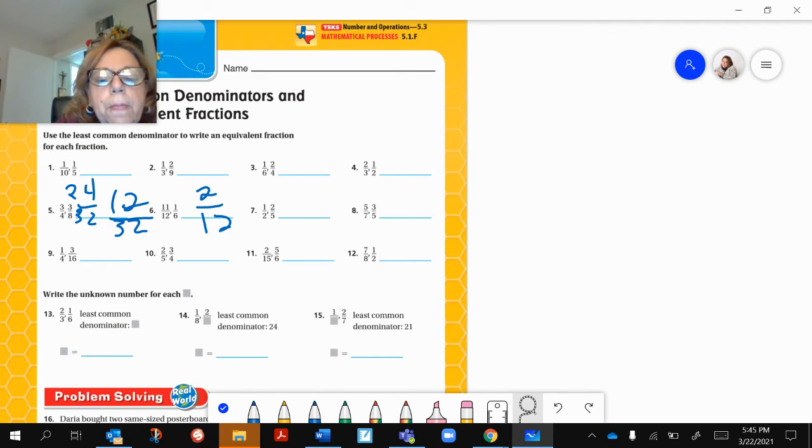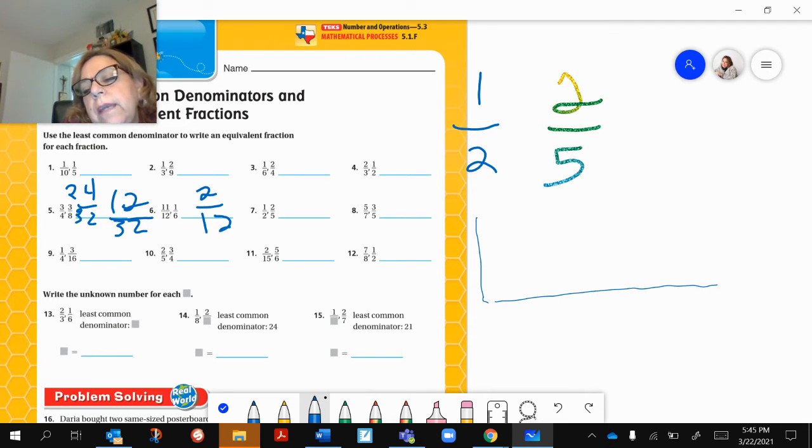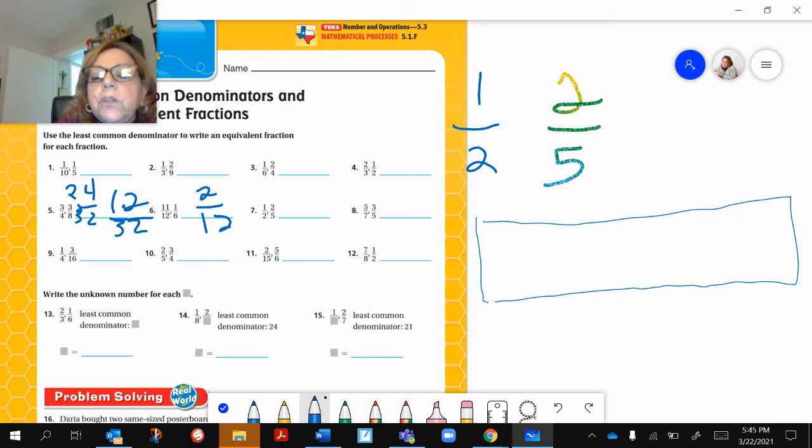All right, so now I have 1/2 and 2/5. I'm going to go ahead and do it in this color pen. I'm going to go ahead and draw out my mini multiplication chart. I did not want it to be perfect. I have to undo perfection.